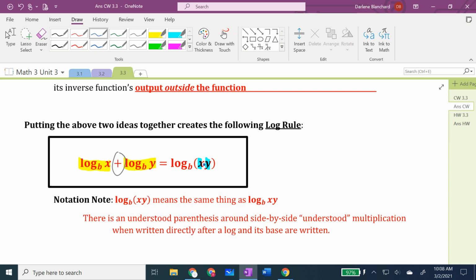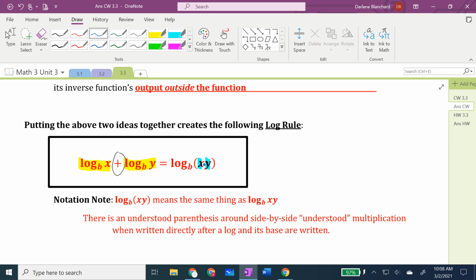Unfortunately, what happens is people learn log rules more as magic almost, more than anything else. And the more this makes sense to you, the less this is going to seem like a magical step, and the less you're going to accidentally make up a morphed version of it.